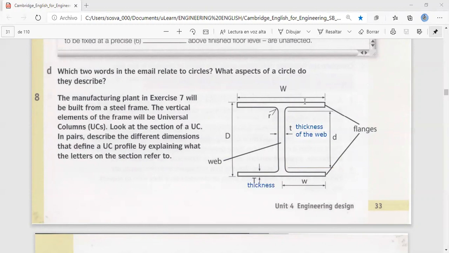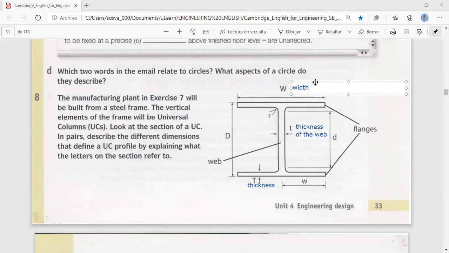Then we have the capital W, the one that is at the top, and this capital W refers to the width. The width of all the column.